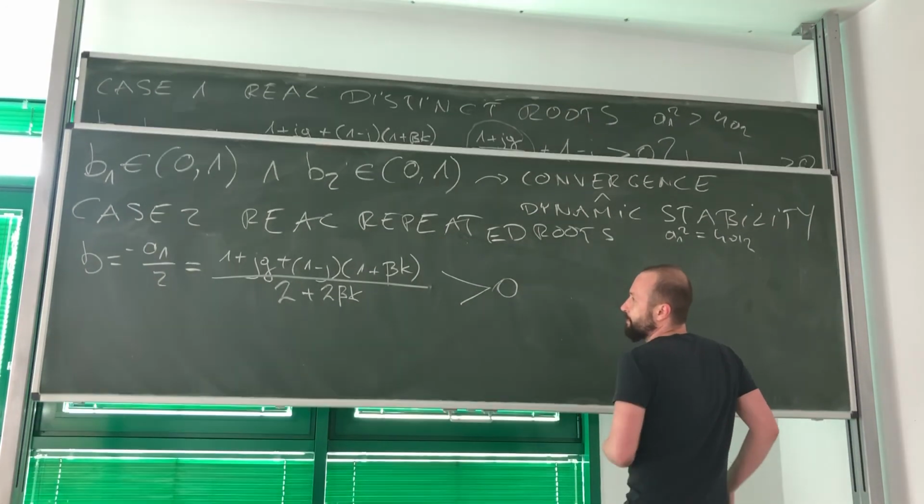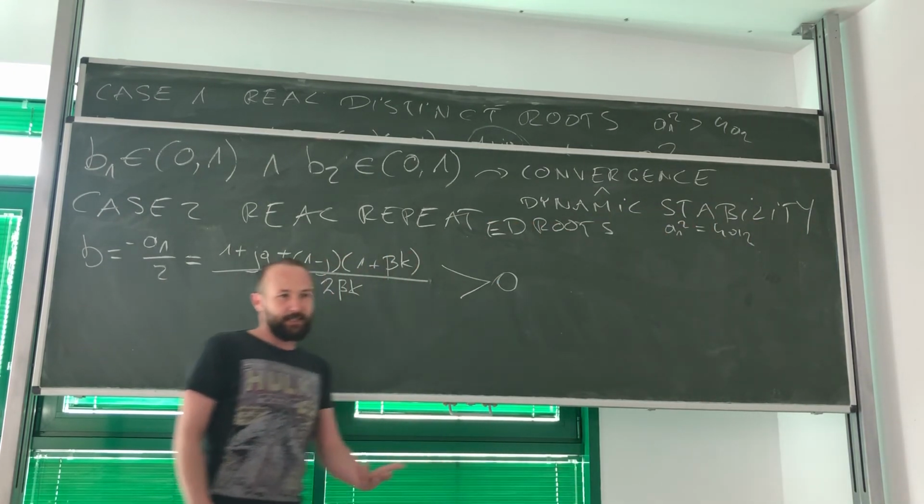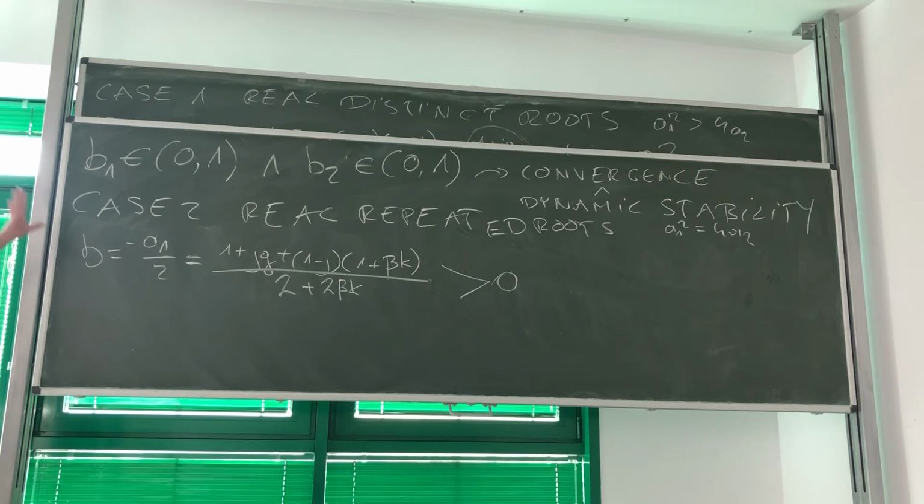Now, the question is this: we now know that the roots are positive, however the interesting part is also whether the roots are between 0 and 1. We can easily check it by taking the square of B, right?